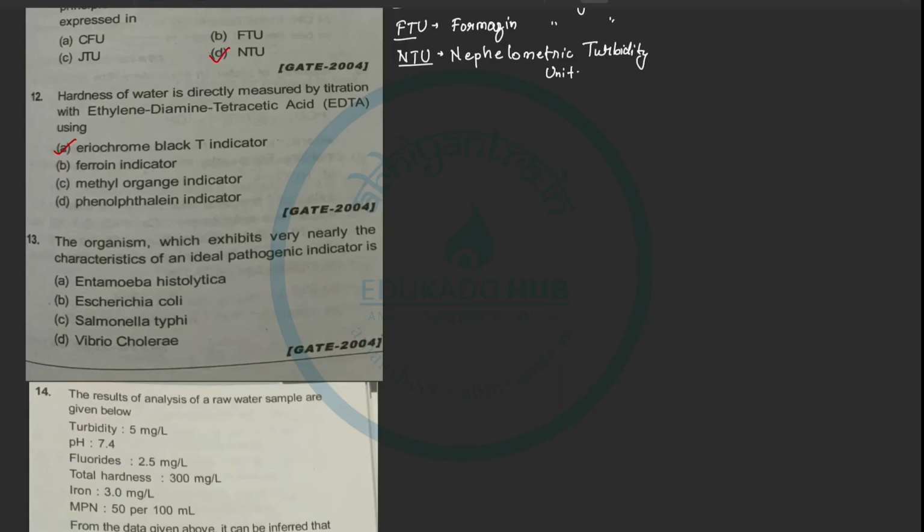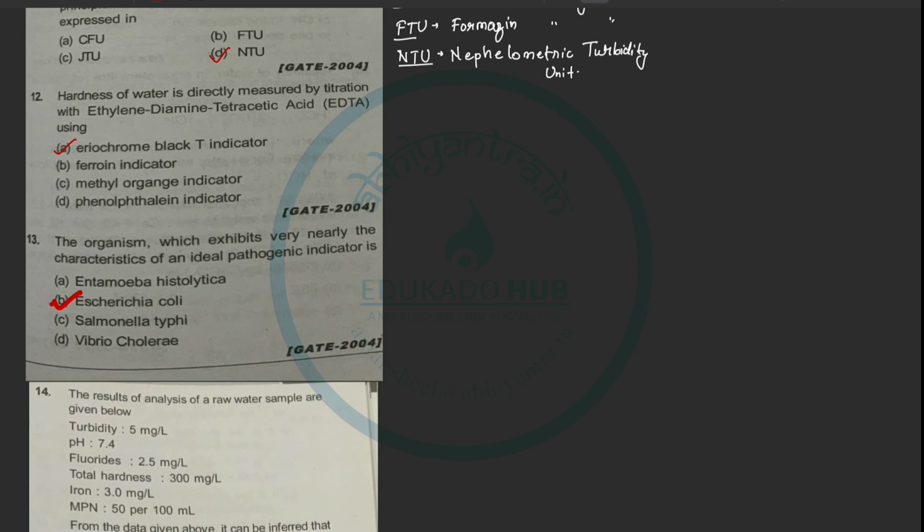Okay, let's do question number 13, which is the organism which exhibits very nearly the characteristics of an ideal pathogenic indicator is, there are 4 options in which the correct option will be option B, which is Escherichia coli. Why Escherichia coli?